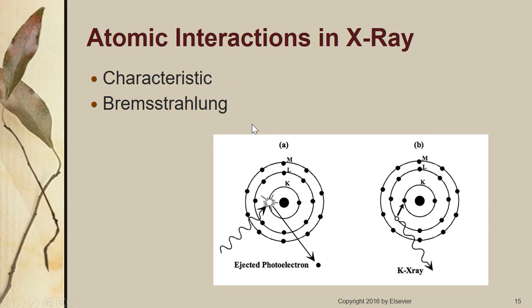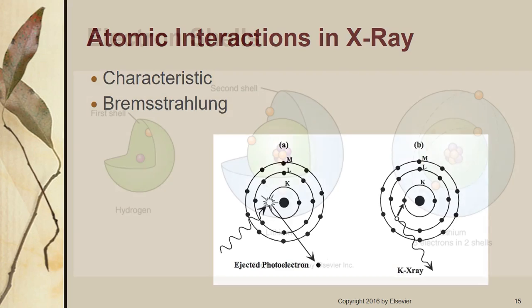Don't worry about those until we get to chapter 6, but when an X-ray hits one of these electrons and throws it out, that's a type of X-ray. Then this other one does not make it eject. It actually changed the nature of this one because then it moved in. We'll talk about those later. So don't worry about the characteristic and Bremsstrahlung right now, but we will talk about that in chapter 6.